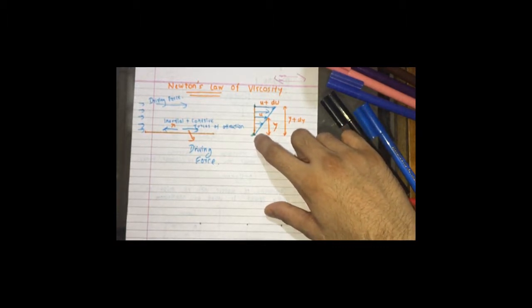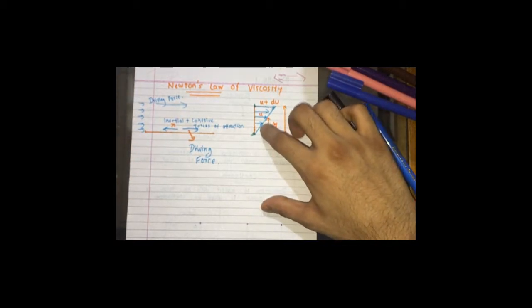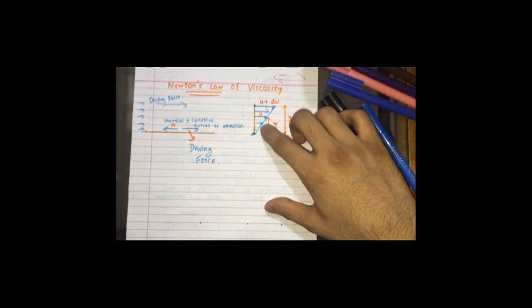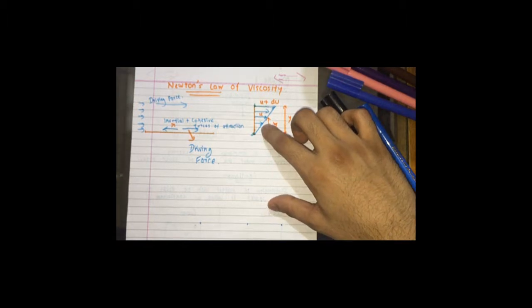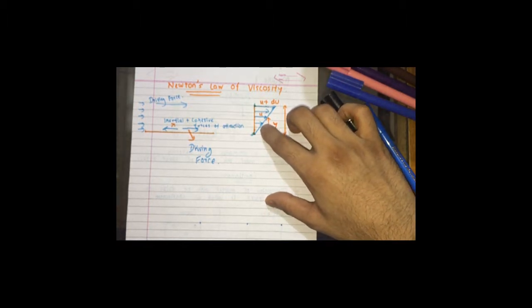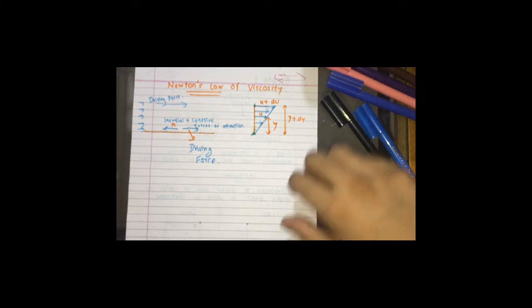Now consider any layer in between these two, suppose this layer. Over here the inertial plus cohesive forces of attraction are a little bit less than the driving force. So the resultant force is in the direction of the driving force, a little driving force in the forward direction.